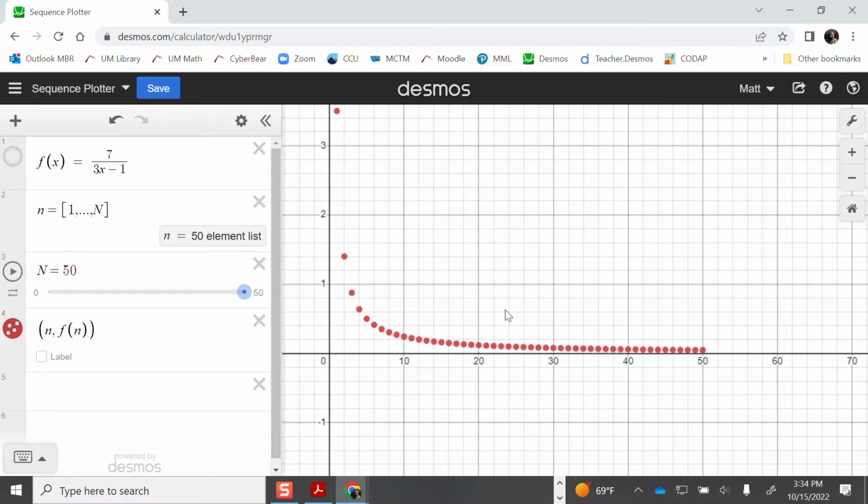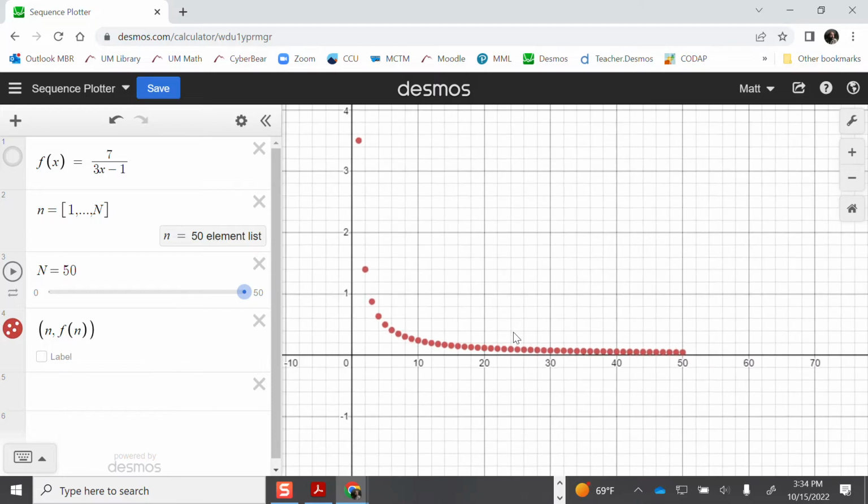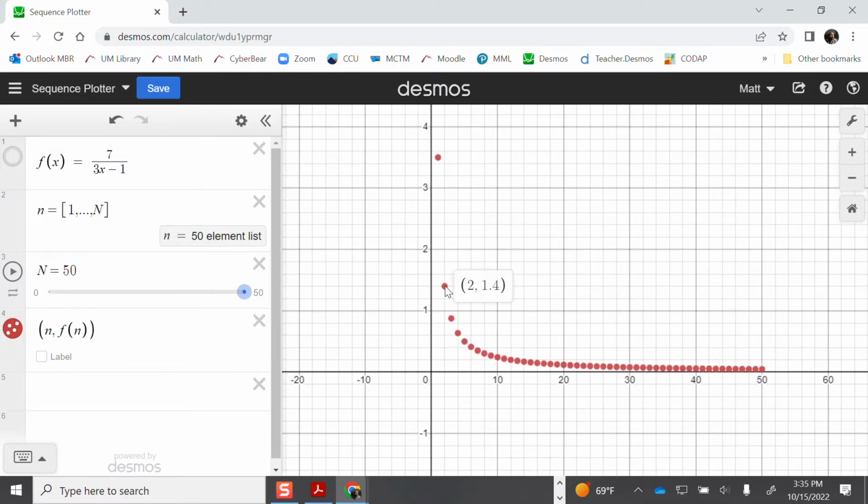You can use the scroll wheel, of course, to zoom in or zoom out on the sequence. You can also find out that the second number is 1.4, the third number is 3.08, and so on and so forth. And I can tell you that the 30th number in that sequence is 0.079. Of course, it doesn't tell us as a particular fraction, but that's the idea.